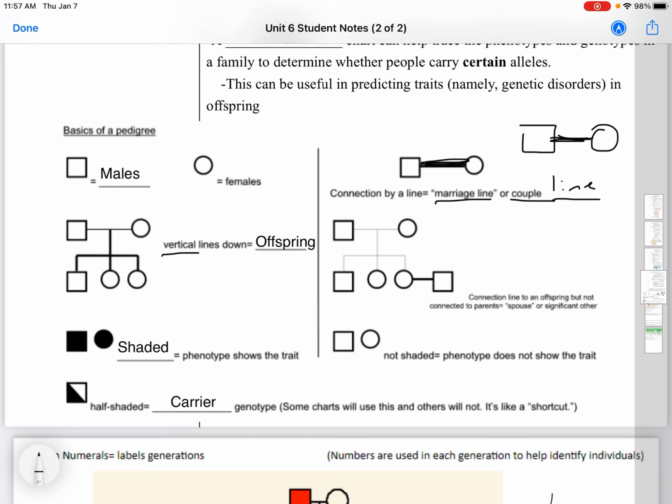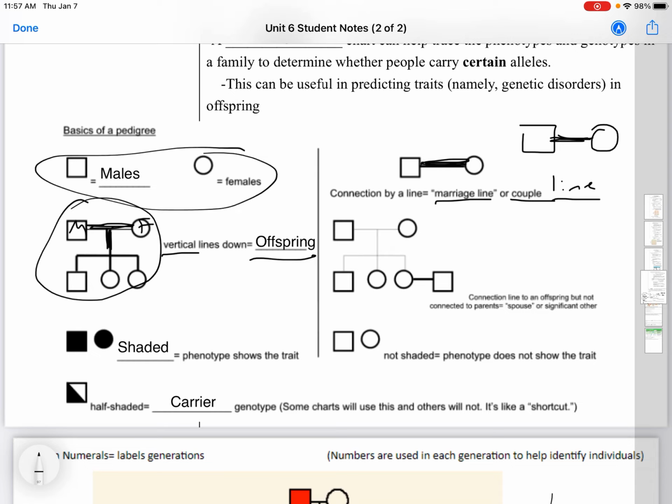Anytime you have a vertical line going down from that coupling line, that means that these are offspring. These are kids, okay? So looking at this right here, we know we got a male and a female just because we already know these two things. And this vertical line going down shows that these three, 1, 2, and 3 here, are all their children. They're their offspring.